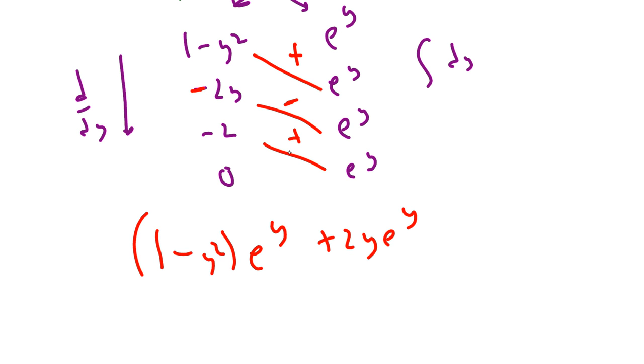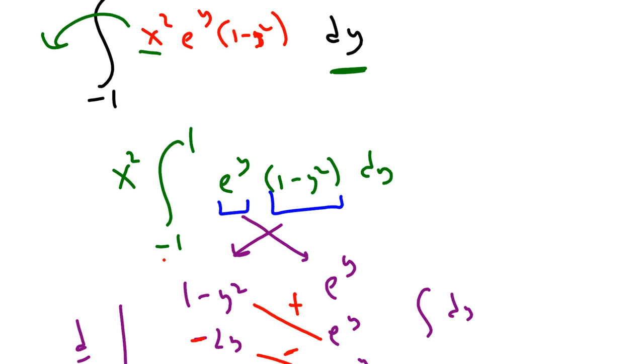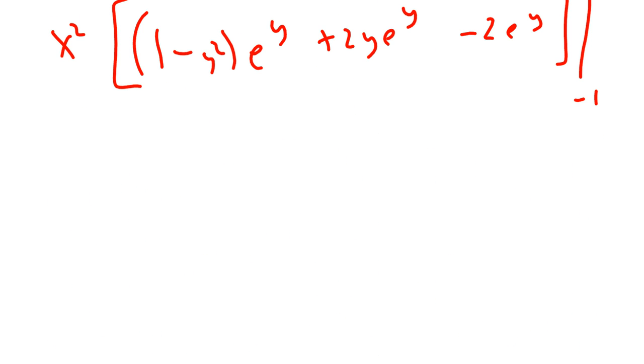And then this last term is going to be minus 2 e to the y. And that's your antiderivative. Don't forget this whole thing is getting multiplied by x squared. And this has to be evaluated from -1 to 1, because those were our limits of integration.